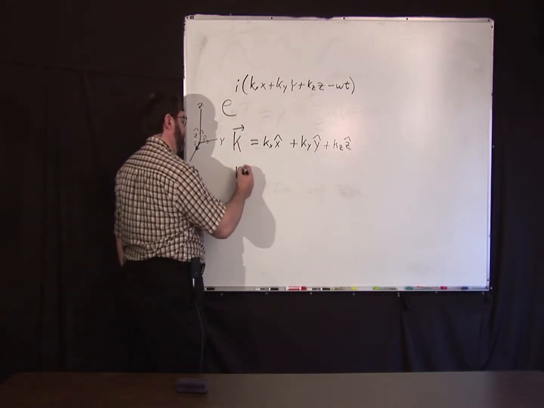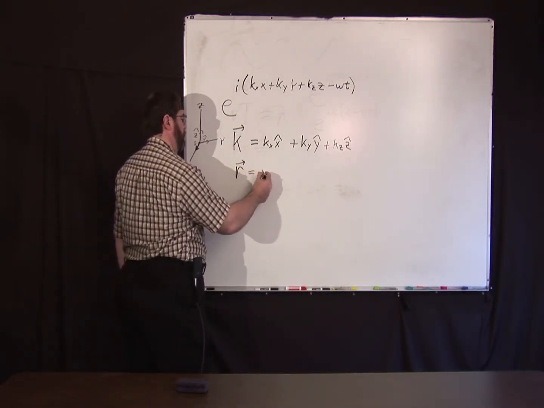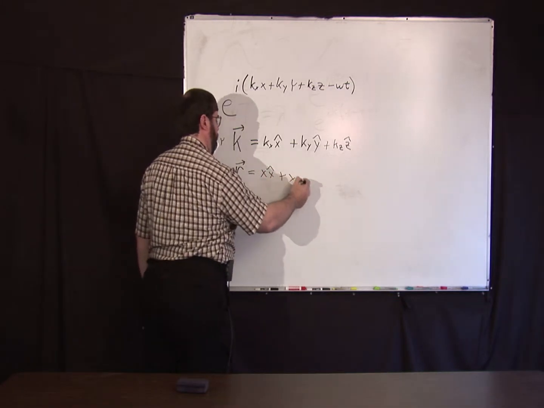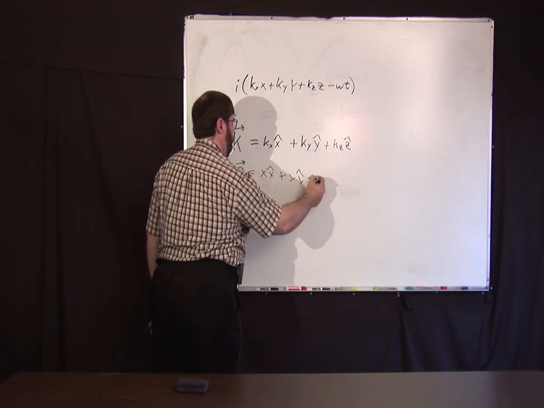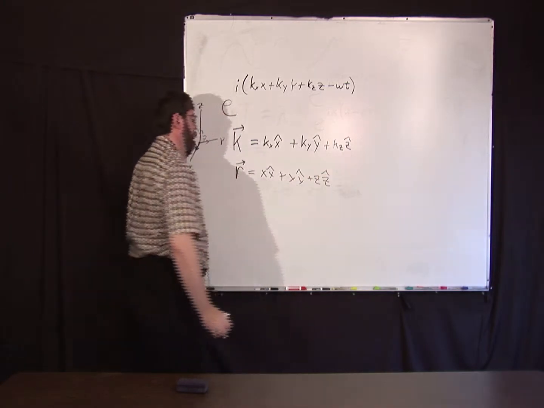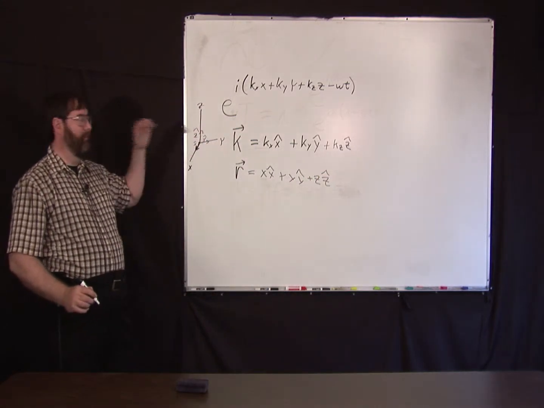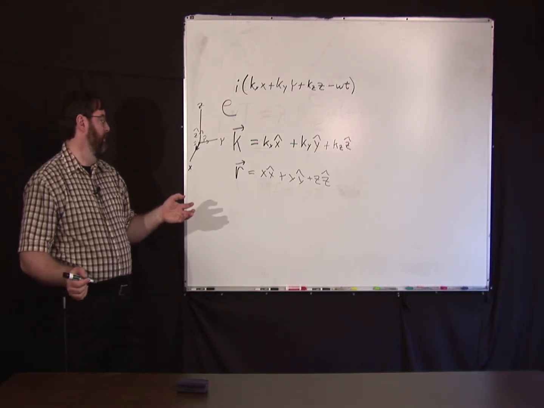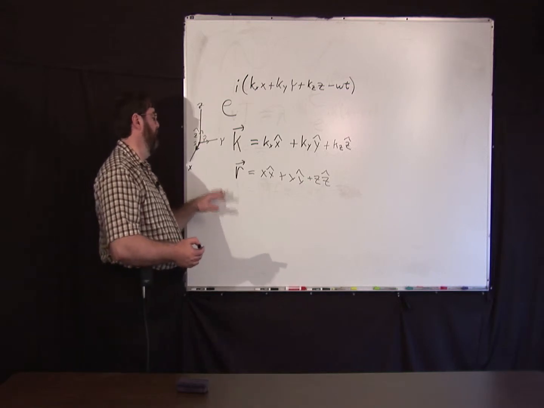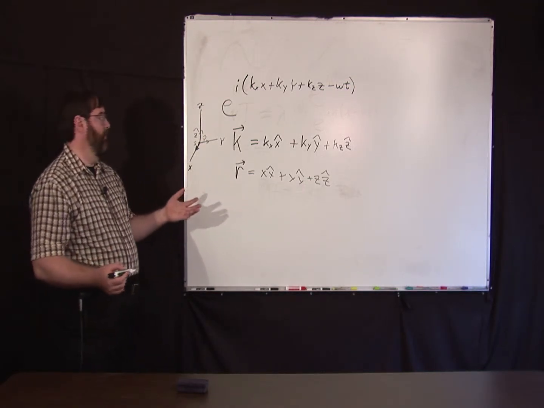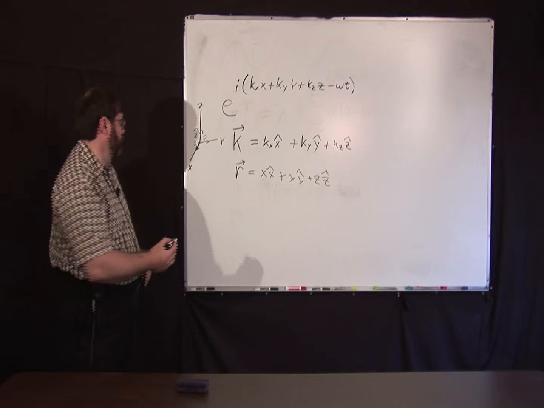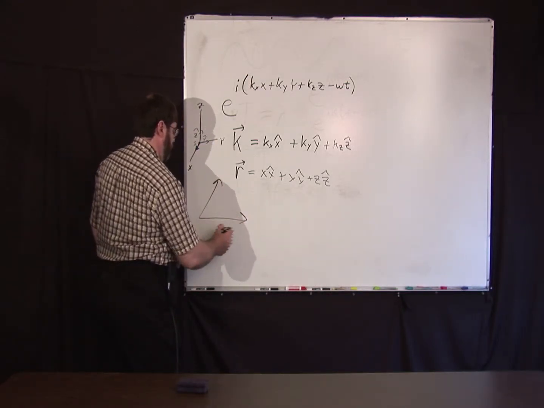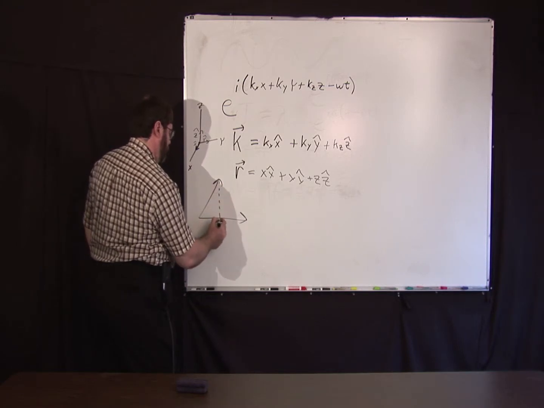The position vector is going to be x x hat plus y y hat plus z z hat, which describes any point in space. And we can define something called the dot product. These vectors can be represented by arrows, and the dot product is actually a projection of one onto the other.